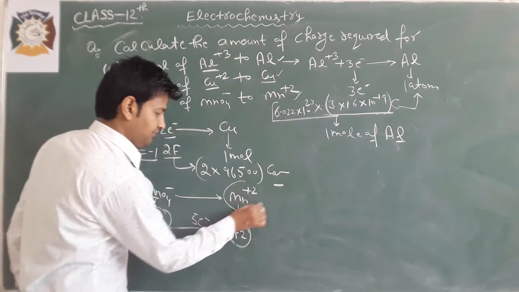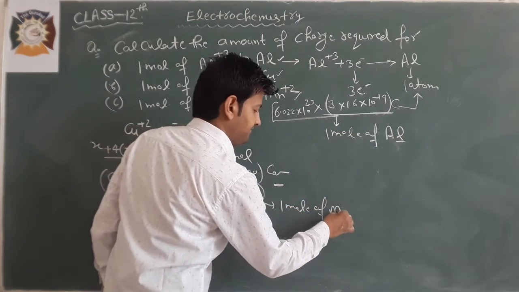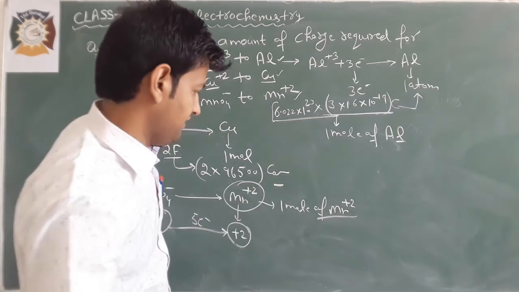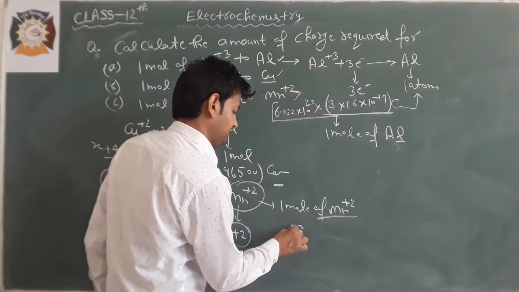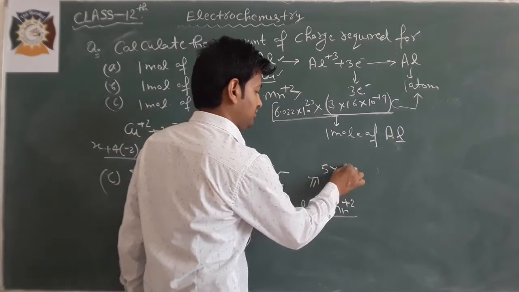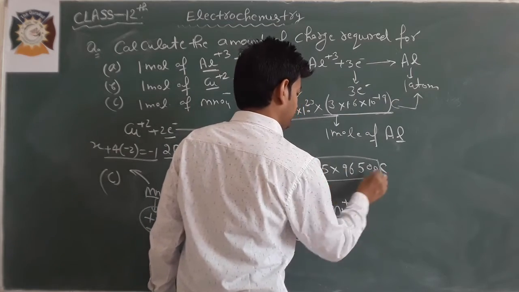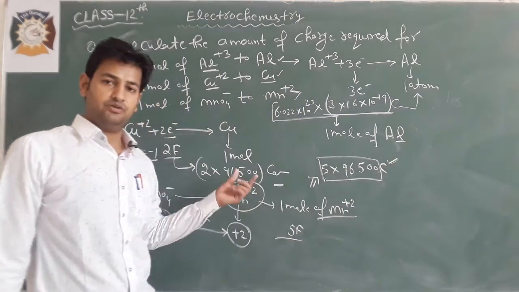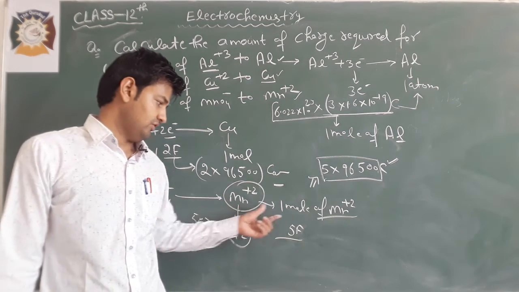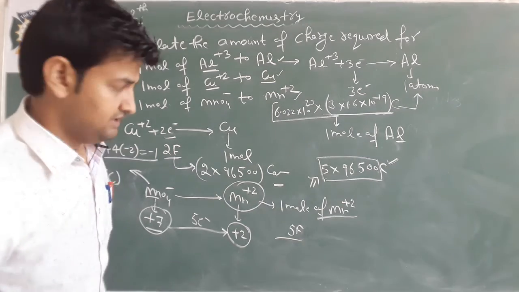So for the deposition of 1 mole of Mn plus 2, 5 Faraday of electricity is required. And 5 Faraday means 5 into 96500 coulomb of charge is required for the deposition of 1 mole of manganese plus 2 from 1 mole of MnO4 minus.